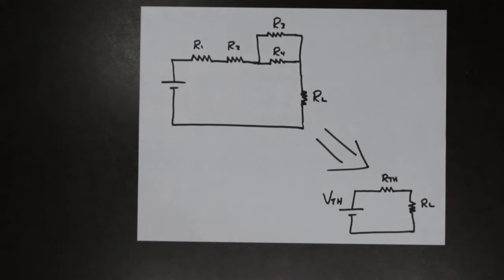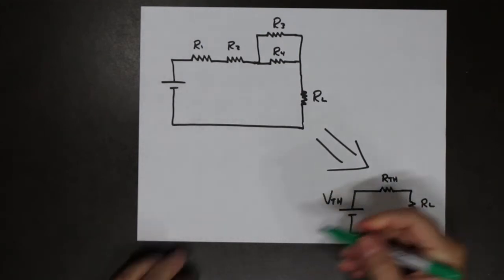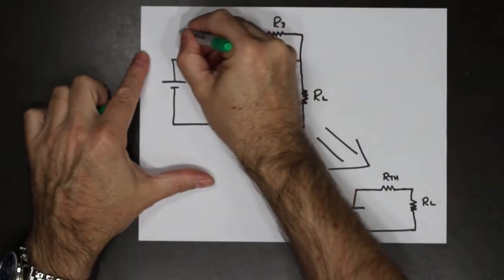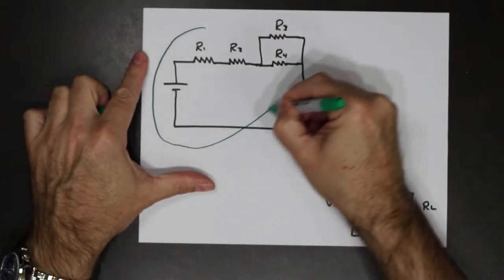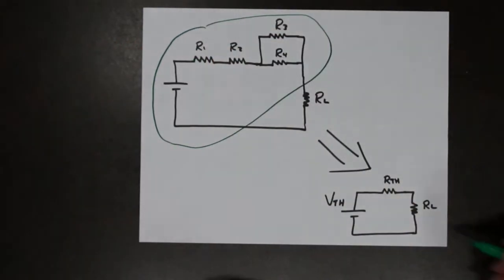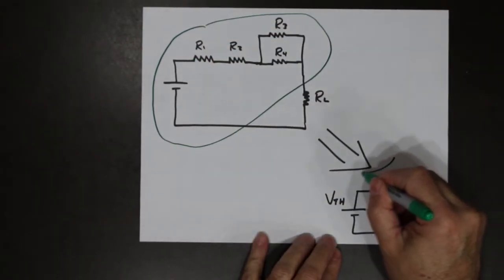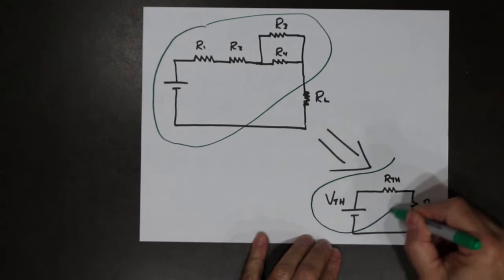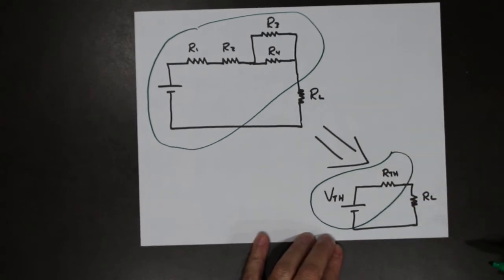So basically what we do is we look at this part of the circuit, and that gets simplified down to an equivalent voltage and an equivalent resistance.